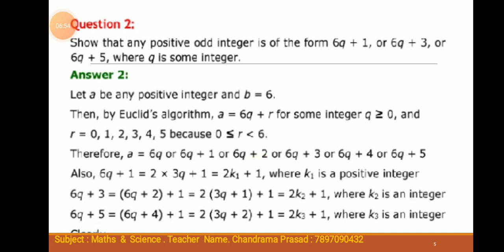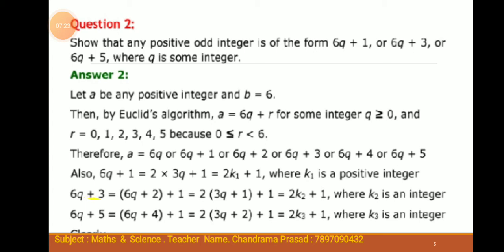Therefore, put the values of r in the above algorithm a = 6q + r. This can be written a = 6q, or 6q + 1, or 6q + 2, or 6q + 3, or 6q + 4, or 6q + 5.